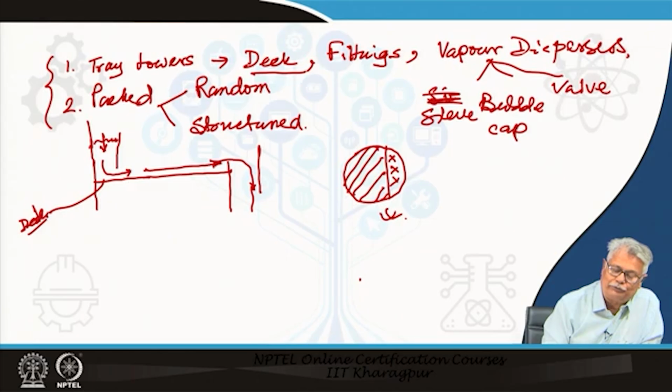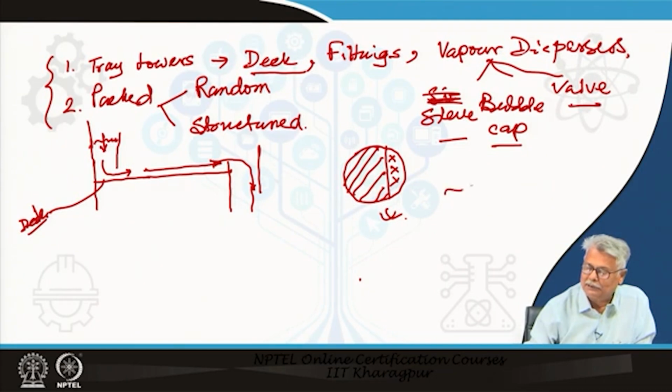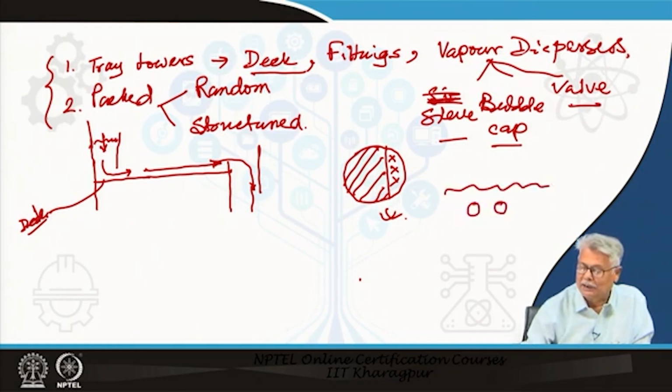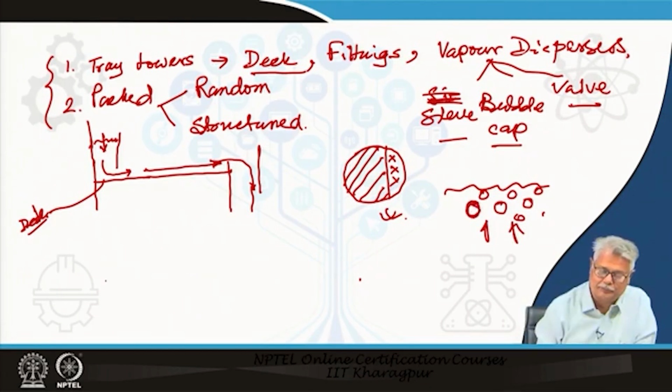Now, let us see a few features which are required. Whether we call it a sieve, a bubble cap or a valve tray, the basic principle is the same. You will have a pool of liquid, you have droplets, you have bubbles which will be rising through this pool. The mass transfer between the vapor and the liquid will be occurring at the interface of the vapor and the liquid here.